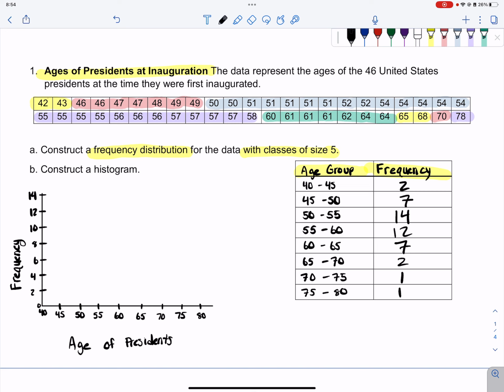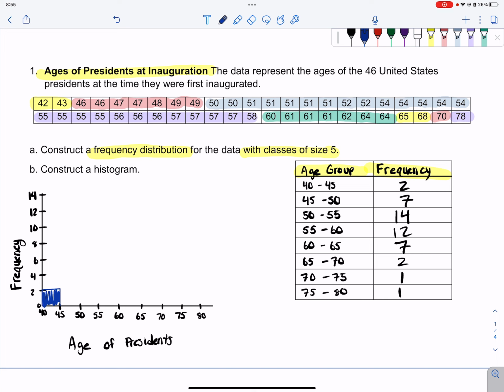So now let's put in the bars of the histogram. The first one, for our age group of 40 to 45, we have a frequency of 2. So that means we are going to have a bar with a height of 2 from 40 to 45.